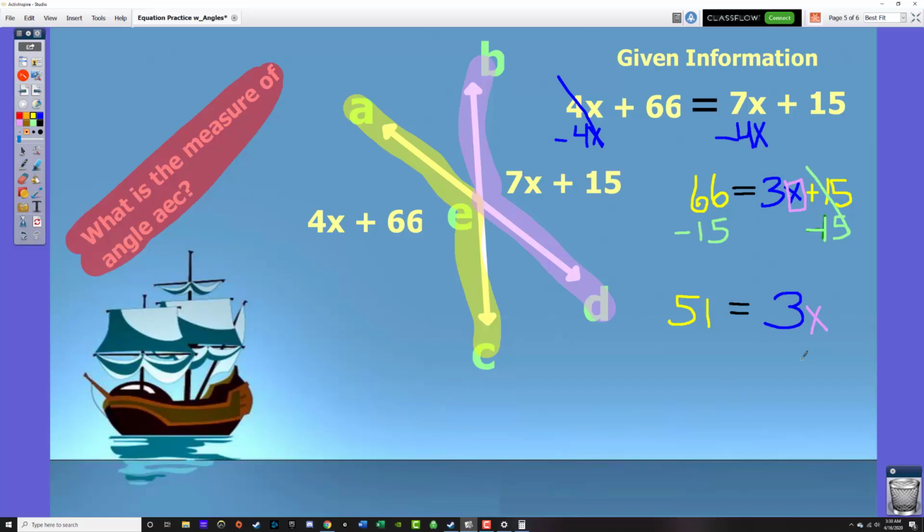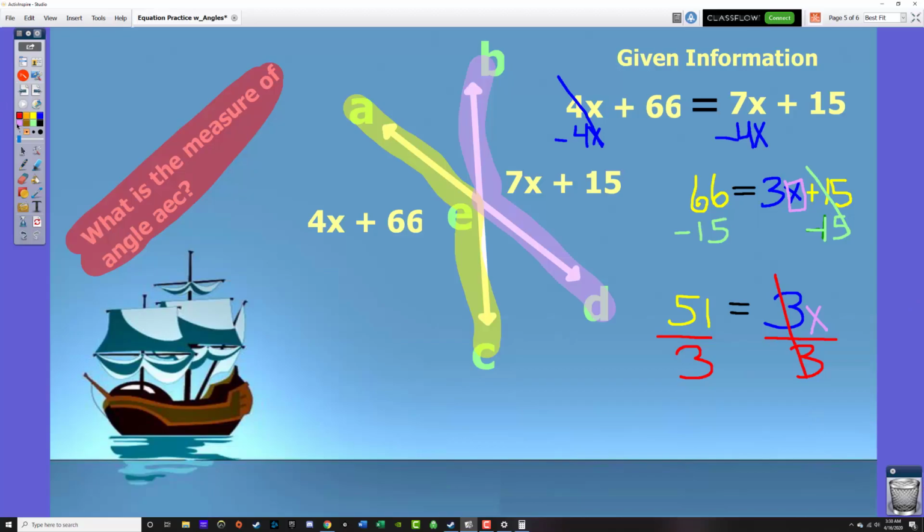We're almost done here. We've got one last number to cancel out. So the 3 and the x are right next to each other with no sign in between, which means they are being multiplied. So to cancel it out, we have to do the opposite of multiplication, which is division. So let's divide both sides by 3.